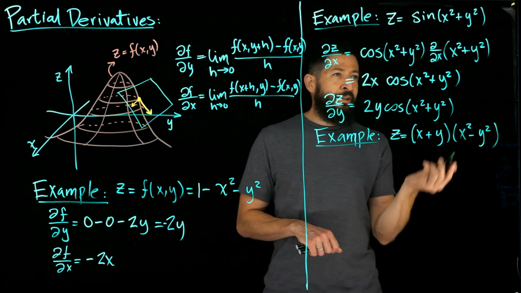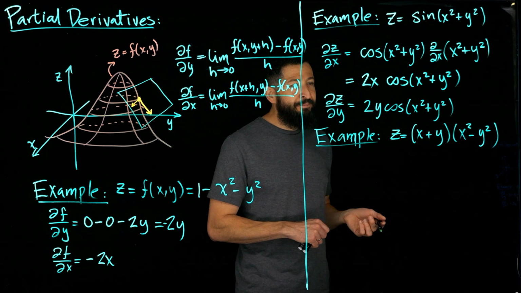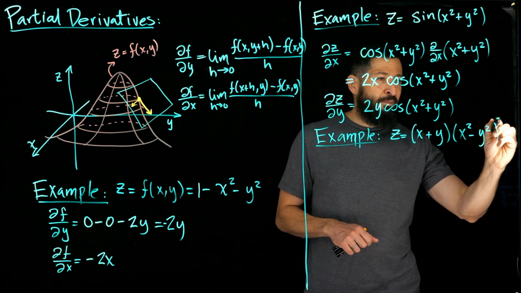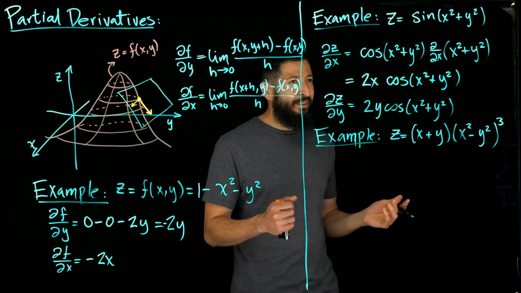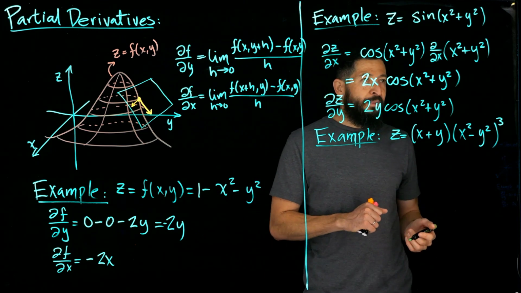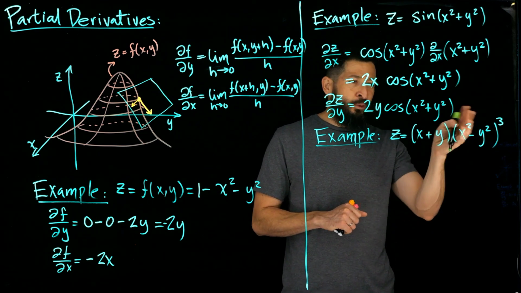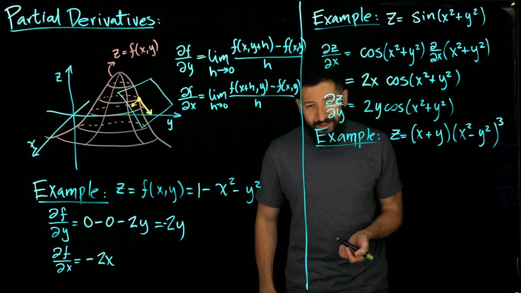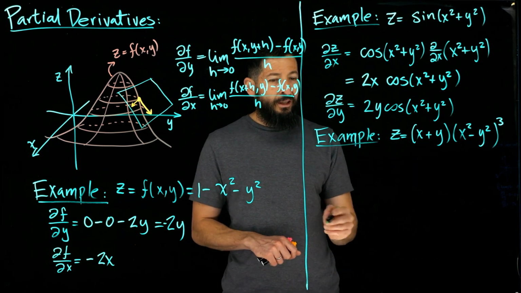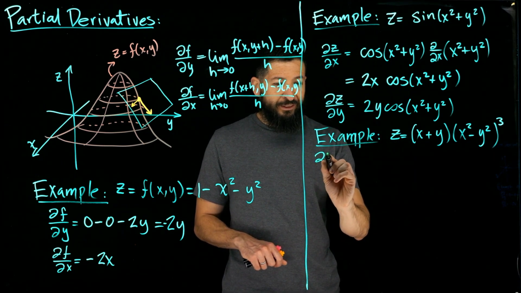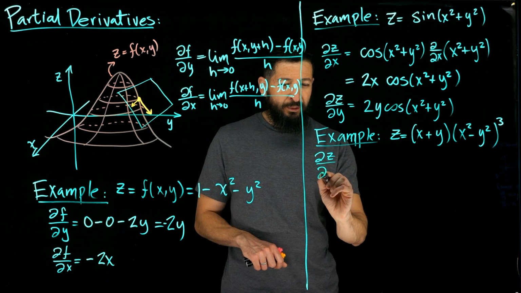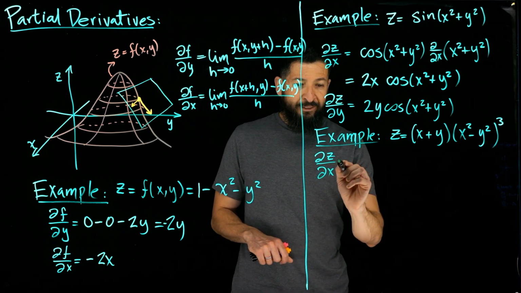Of course, you could FOIL that out and, actually it's too easy. Let's put a cube, just so we can do something a little bit more exciting. But you could FOIL it out still and compute it directly, but let's use our properties of differentiation. Let's do the partial with respect to x.